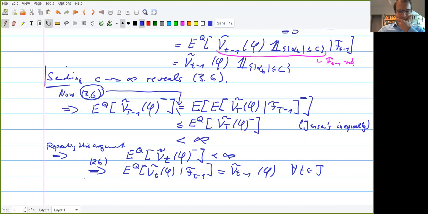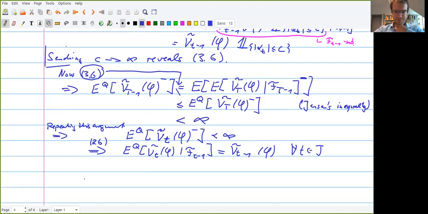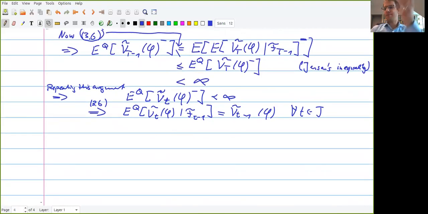Okay. But now, we're almost done, but not quite yet, because we need to ensure the integrability property as well, right? So we have the defining property of a martingale, but what we also have to check is that it's an integrable process. So let's do this next.